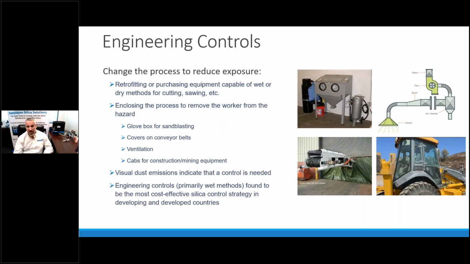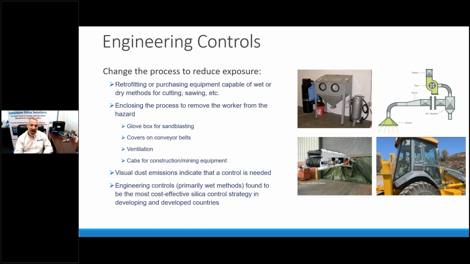Enclosing a process can come in several different ways. Again, there's glove box operations. Utilizing things like covers on conveyor belts can minimize the aerosolization of dust. Introducing ventilation systems. And then, we've designed specific cabs that are enclosed cabs for heavy operating equipment.